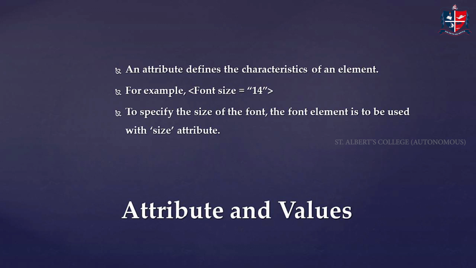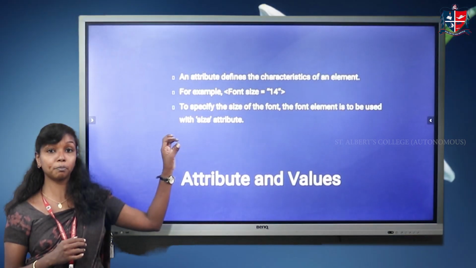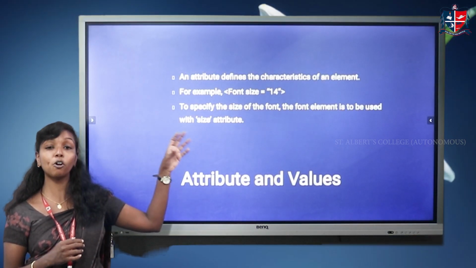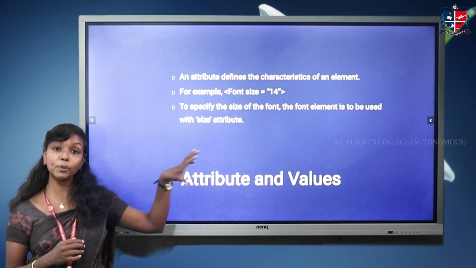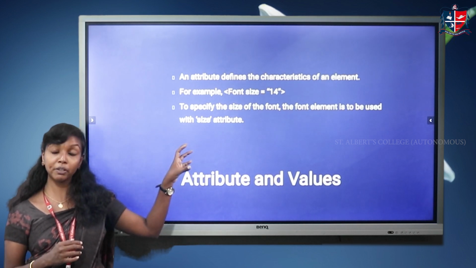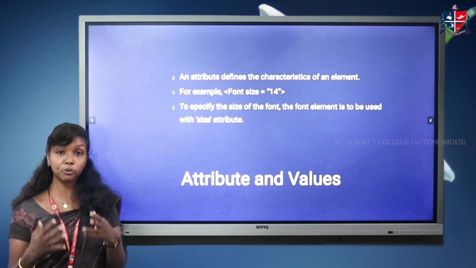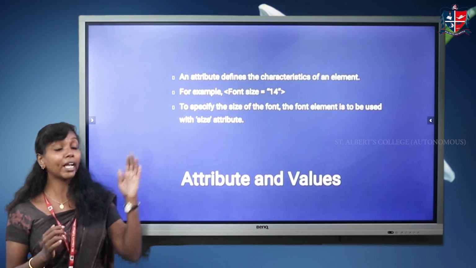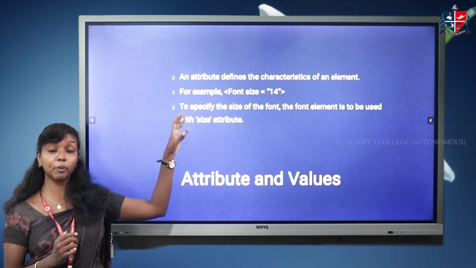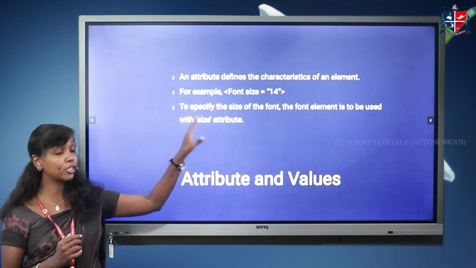The next one, attributes and values. Attributes define the characteristics of an element. For example, here font size is equal to 14. In order to provide a font size, the font element is used and size is used as the attribute, and the value is given as 14. So when we are creating a web page and the content needs a font size of 14, then we have to enter the attribute and value as font size is equal to 14.